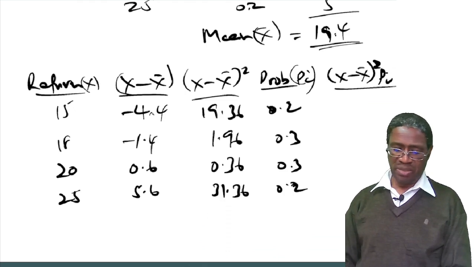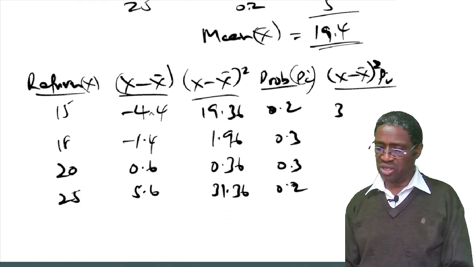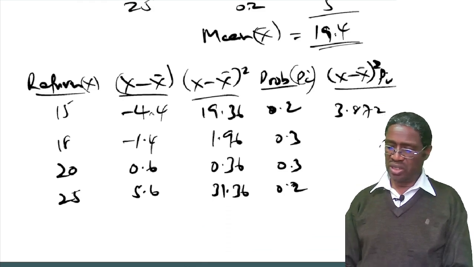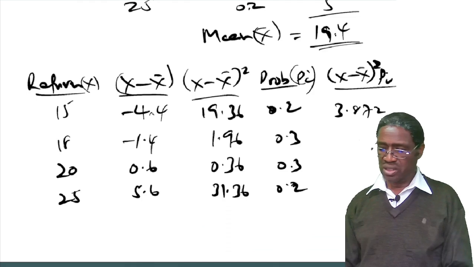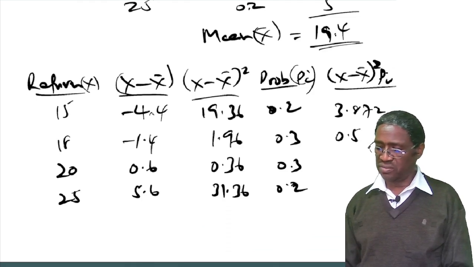So let's multiply them by the probabilities. 19.36 times 0.2 is 3.872. The second one, 1.96 times 0.3 is 0.588.